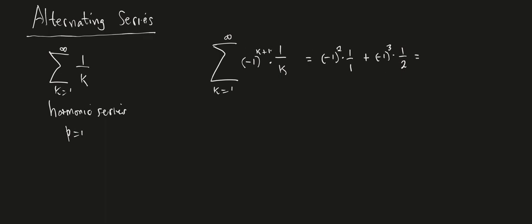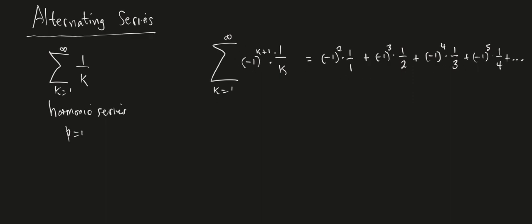If I plug in k equals 3, then I'm going to have (-1)^4 times 1/3. Let's write down one more term, and then we'll do our dot, dot, dot. So then this is (-1)^5 times 1/4, and so on. Right, so that's our pattern here.